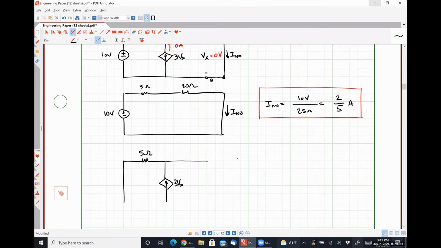Sorry, should that be a 20 ohm resistor there? Here's terminal A, here's terminal B.